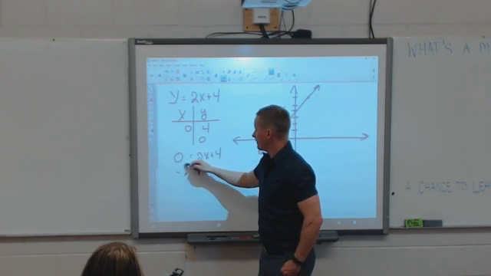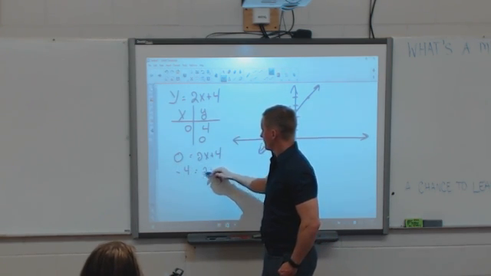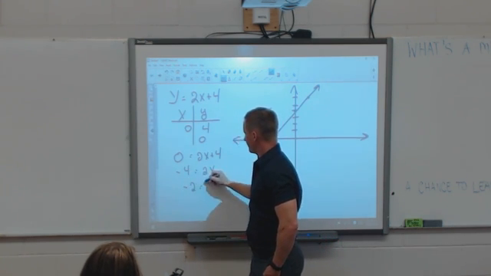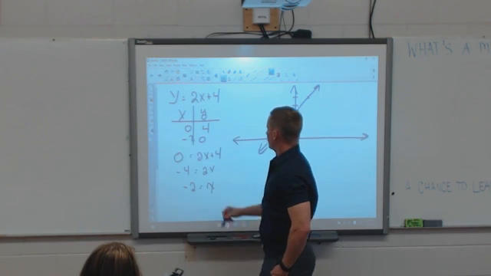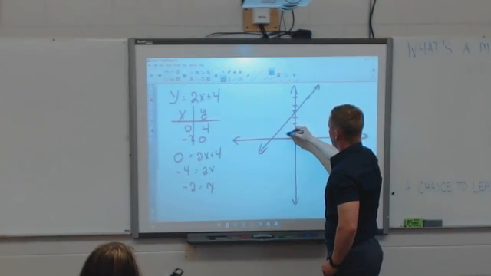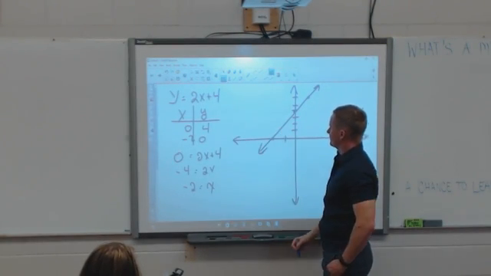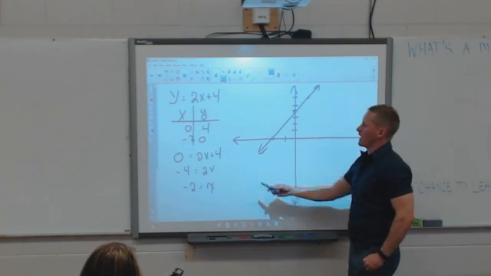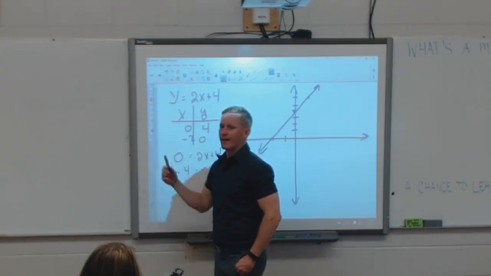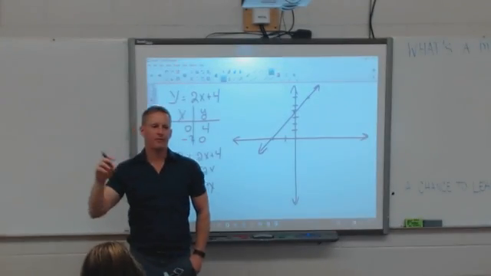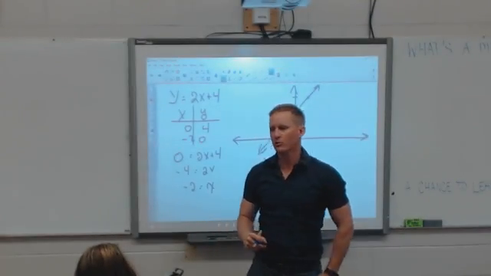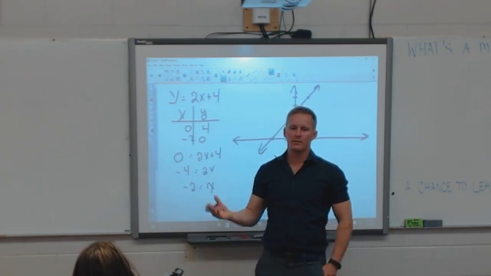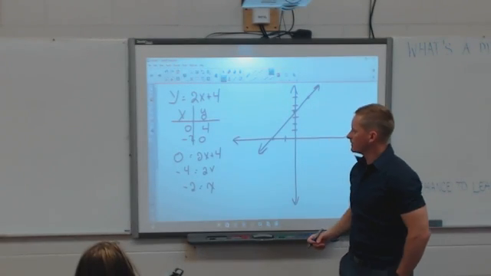Move this over to here. Divide by 2. So there would be 2 coordinates, one right here and one right there. So that's the second way in which you can do it. I like this way as long as there aren't fractions involved. This is a good way to do it if all of these are numbers that will go into each other. There's nothing wrong with that.